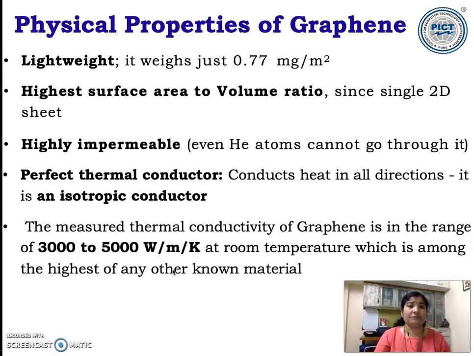Even graphite's thermal conductivity is lesser than this, as well as diamond and other allotropes. So this is what we discussed about the physical properties.